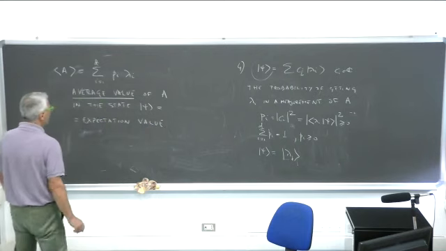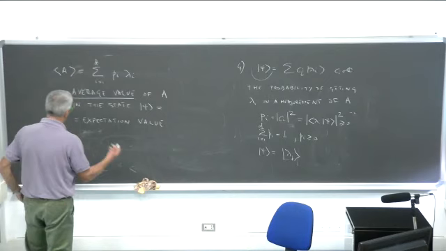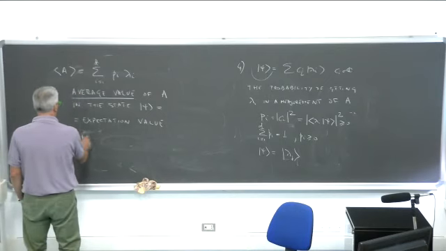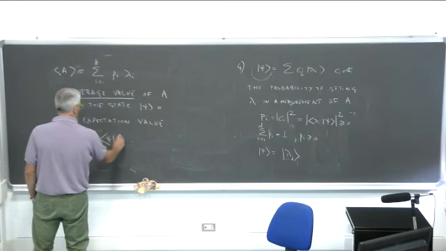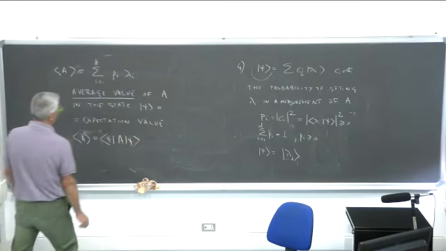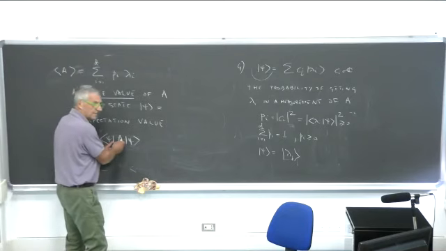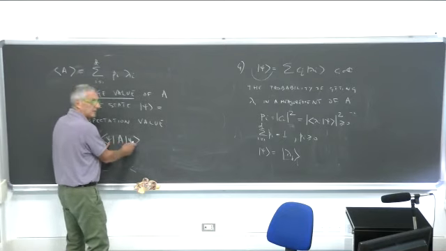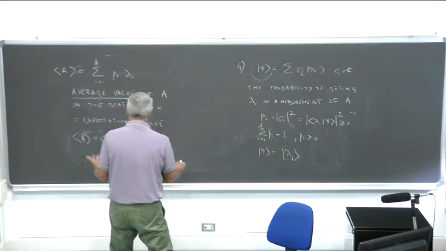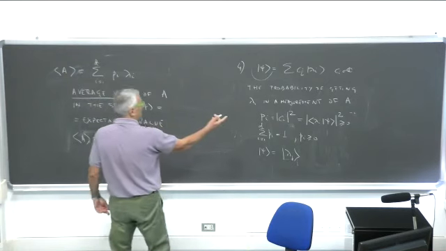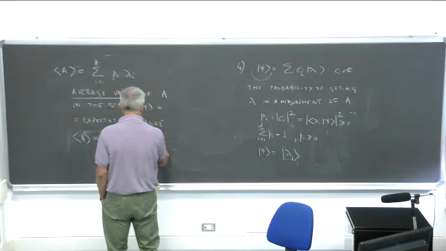It can be expressed as a matrix element of A in the state psi. That is, this A, defined in this way, is also equal to this number here: the matrix element of the observable A in the state psi. Why is that? Let's plug in. This is a sum over i and j.